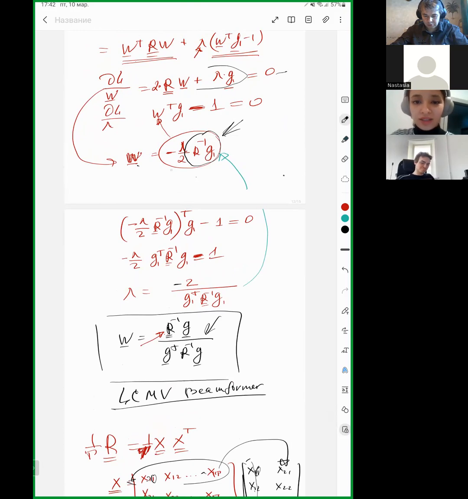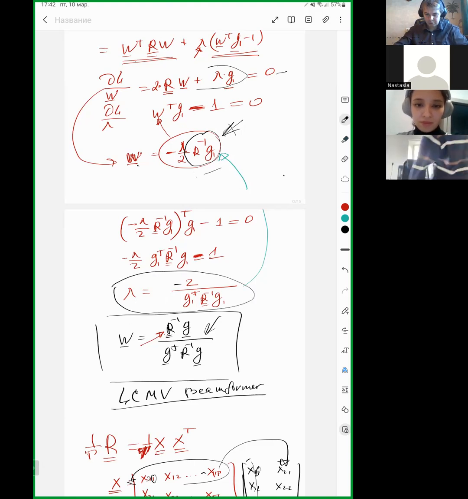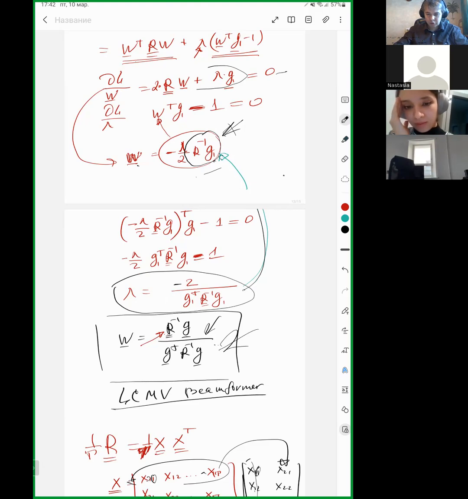This is, you can say, the parametric form of our W. Once we found this lambda, we substituted it back into this expression and arrived at this expression. It's like x plus y equals 3 and y minus x equals 5, for instance.